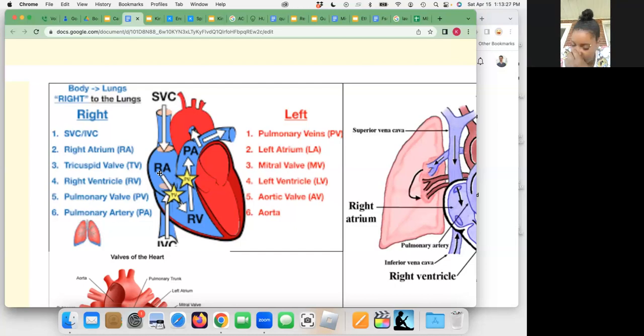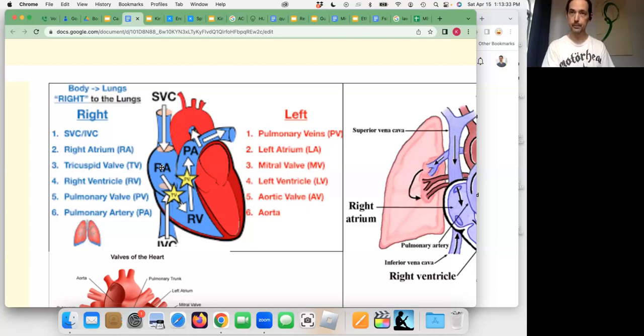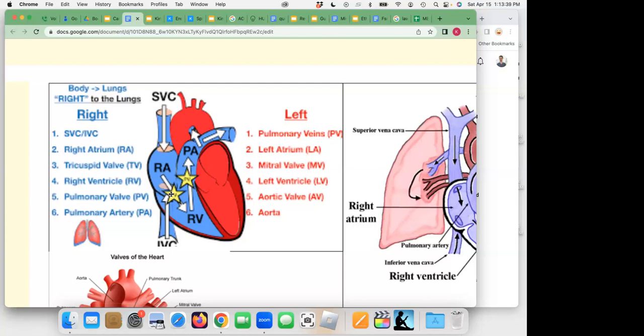Deoxygenated blood, superior vena cava, into the right atrium.